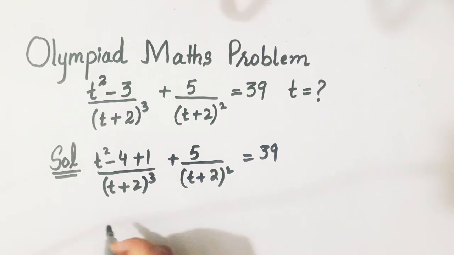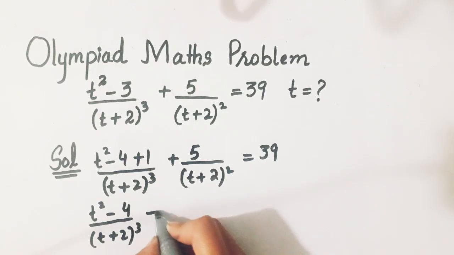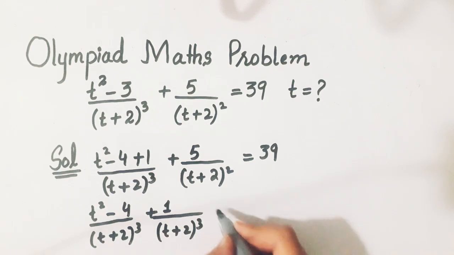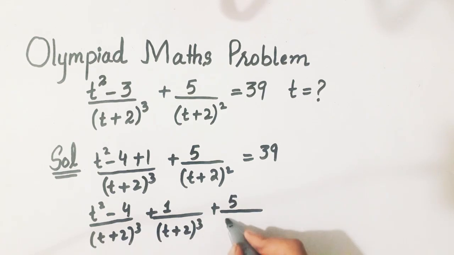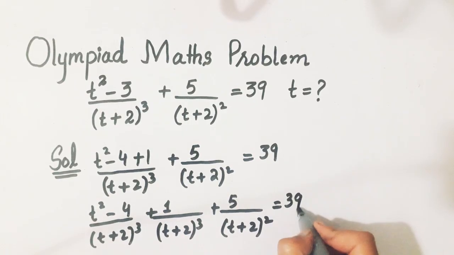Now we can split this. So we get (t² − 4)/(t + 2)³ + 1/(t + 2)³ + 5/(t + 2)² = 39.